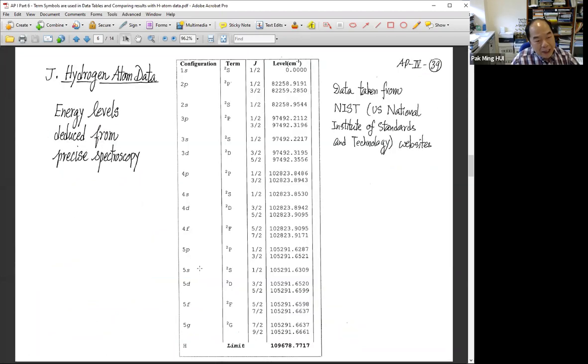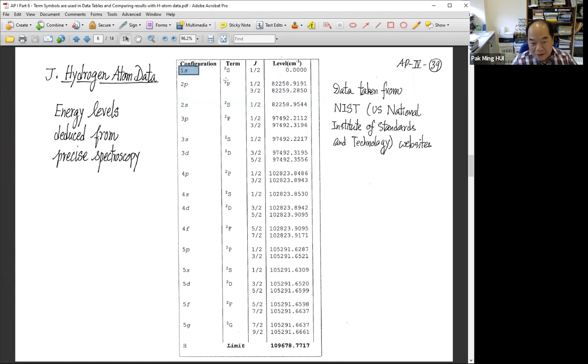Now, why do we need that? For the reason that we will revisit this data. We have seen this data before, okay? In particular, now I would like you to look at this part, the first 4 lines. Now you see the term symbols.